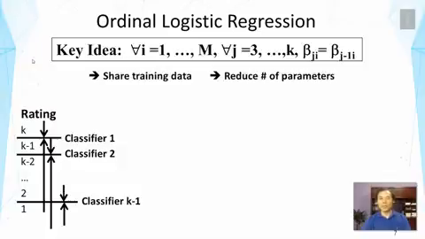That means we are going to assume the beta parameters, which indicate the influence of those weights, are the same for all the k-1 classifiers. This just encodes our intuition that positive words in general would make a higher rating more likely. So this is an intuitively appealing assumption, and it's reasonable for our problem setup when we have this order in the categories.